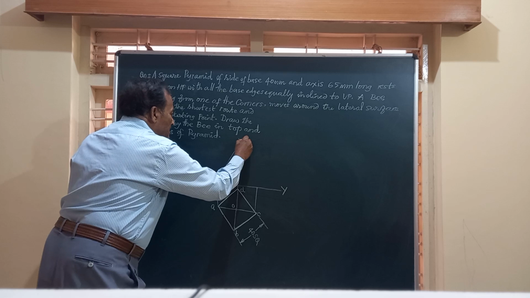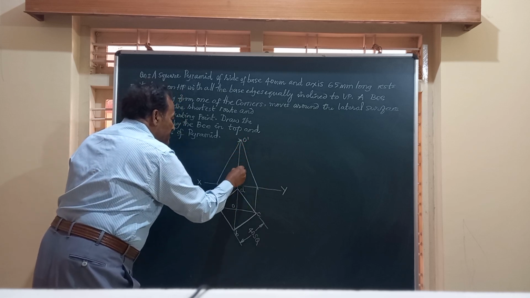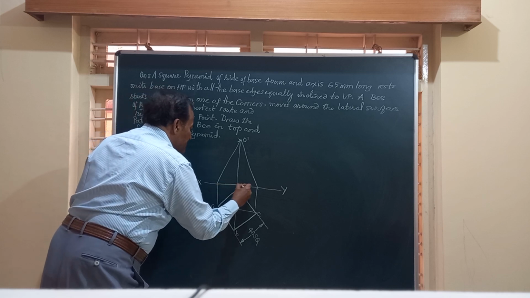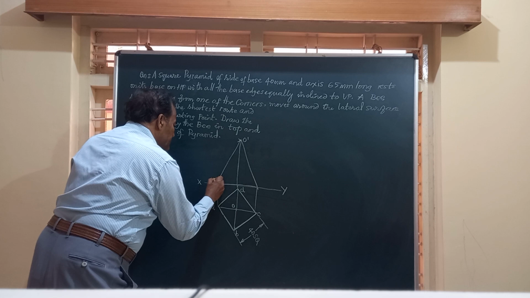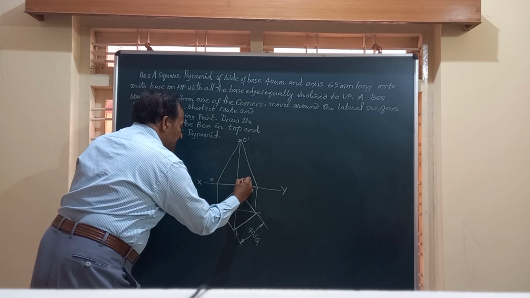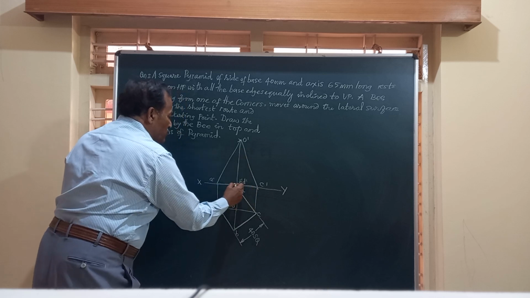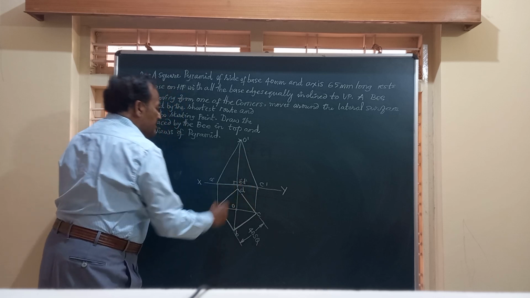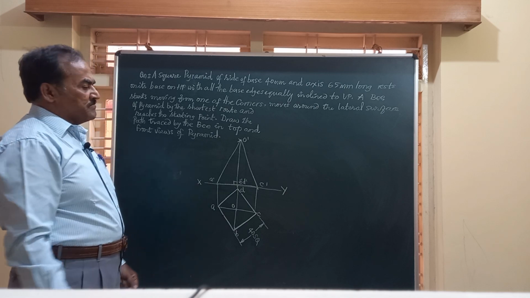This is edge 1, edge 2, this is edge 3, and this is the base of the solid. We can number these as A dash, B dash, D dash, and this is C dash. O dash and O1 dash are the vertex and the base center.